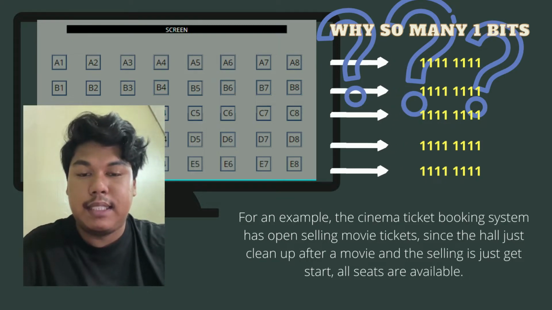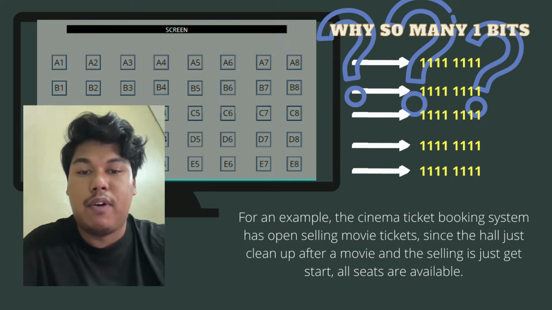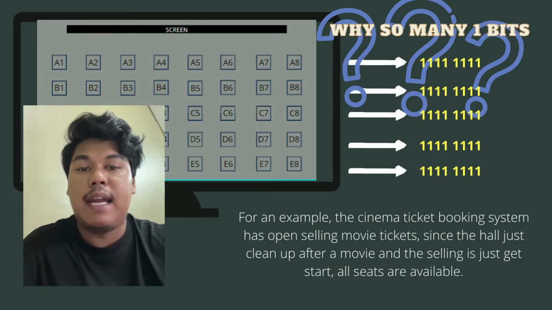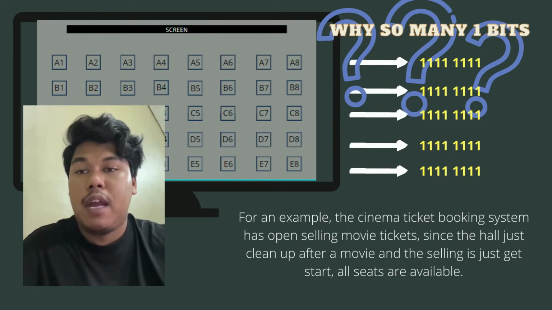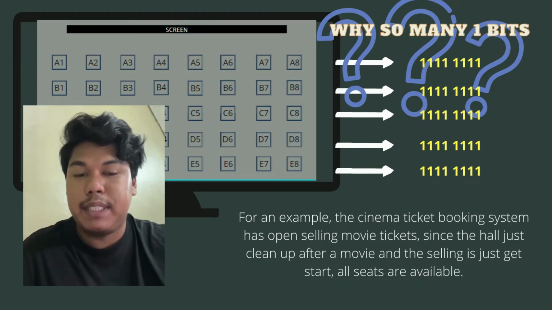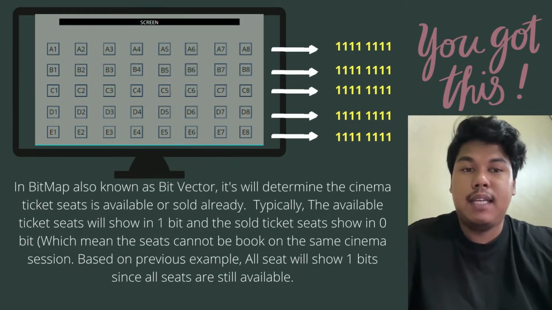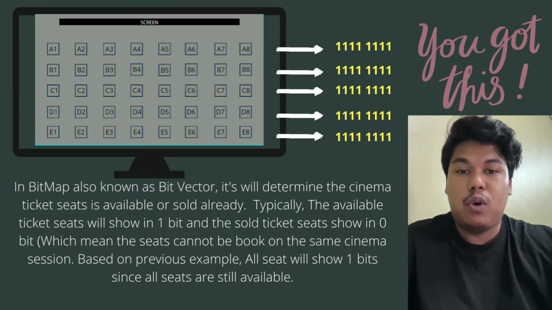The cinema ticket booking hall has just opened for selling tickets and all the seats are available in the particular cinema hall. So why are there so many 1 bits? Each 1 bit represents a seat in the cinema hall. In this bitmap case, the system will determine either 0 bits or 1 bits.